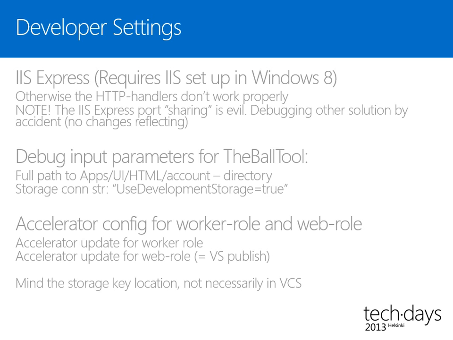Debug input parameters for the ball tool. Basically, there is a tool that provides the copying to the blob storage. You're supposed to give the full path to the account directory for the root of the templates and mind the storage keys, which are now using development storage, but of course when deploying to production or real Azure, use your account keys and account names properly.